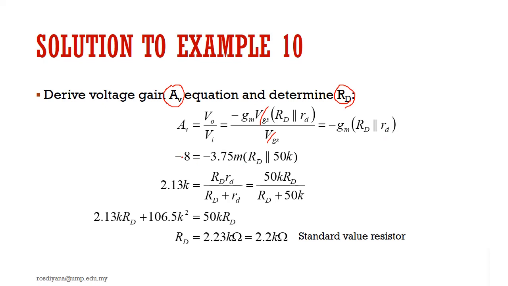Then insert the AV of negative 8, the GM of 3.75 milli, and also the rd of 50k. Then we solve this equation, and we get RD equal to 2.23 kilo ohm. This 2.23 is not the final value. You have to check again with the standard resistor values. The nearest value is 2.2 kilo ohm.